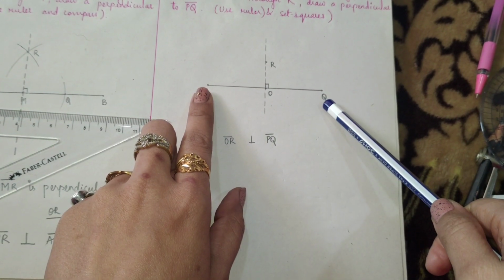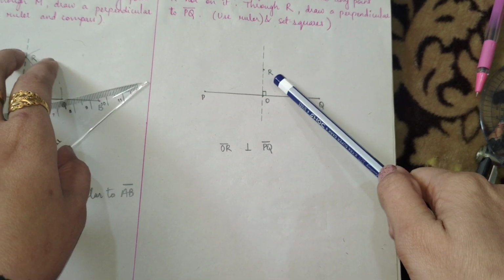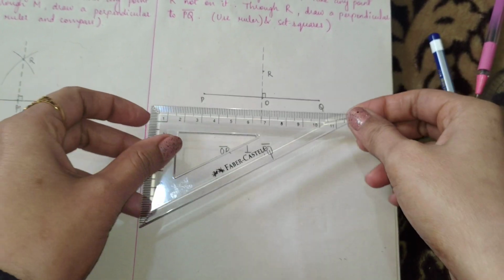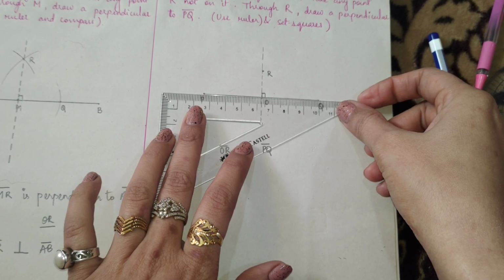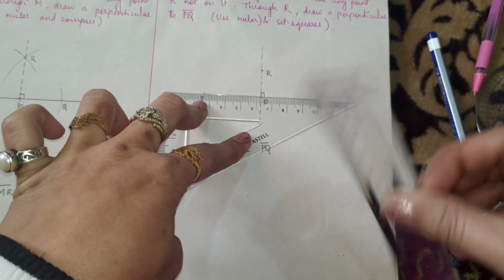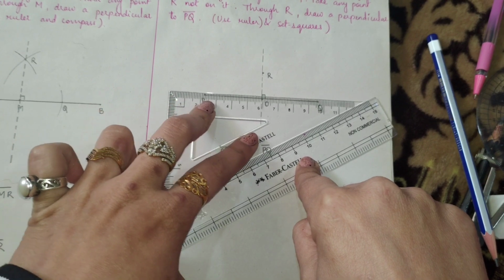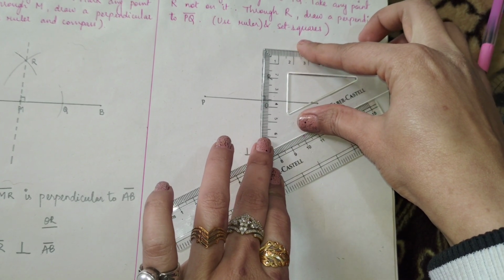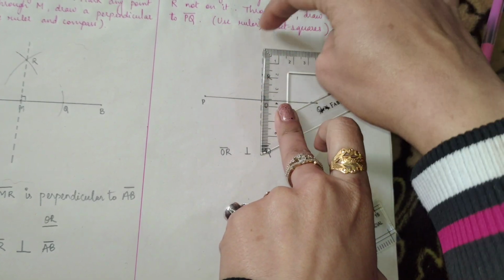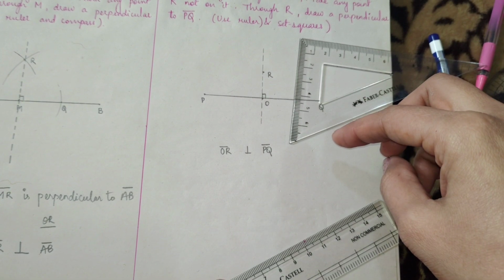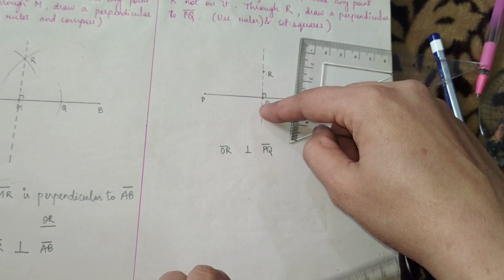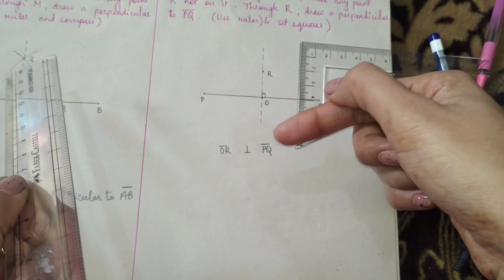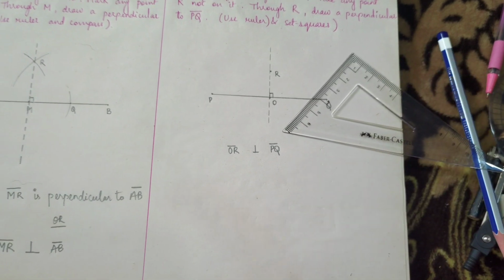We drew a line segment PQ, and then we took a point R anywhere but not on the line, and then we took our set square, placed it below the line or on the line like this, and placed our scale in the slanting position, and slid it a little upwards till we reached the point R. Then you remove this and draw a line which passes through point R. We took this point as O, and we have drawn a line segment OR, which is perpendicular to PQ. That is question 2.